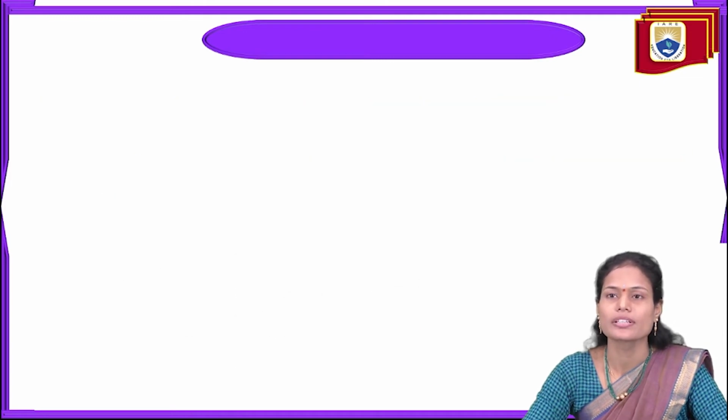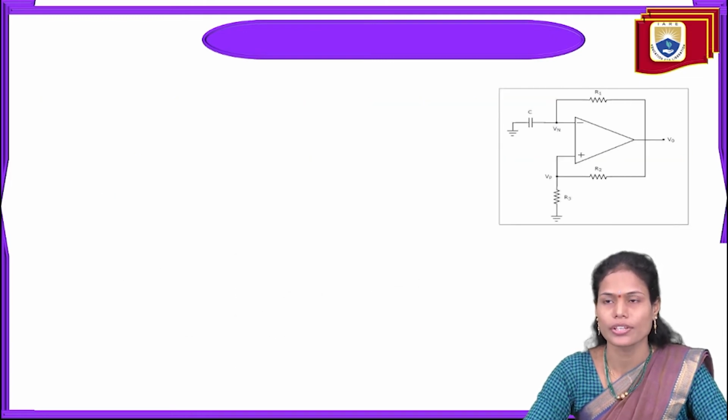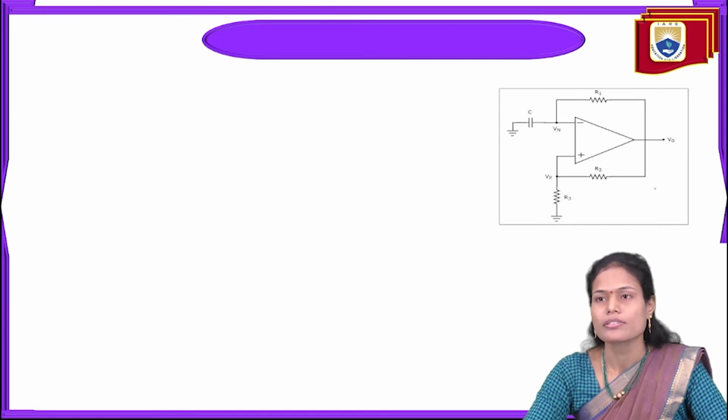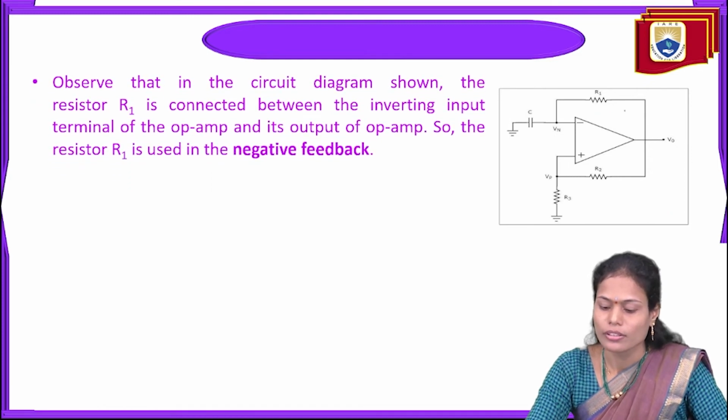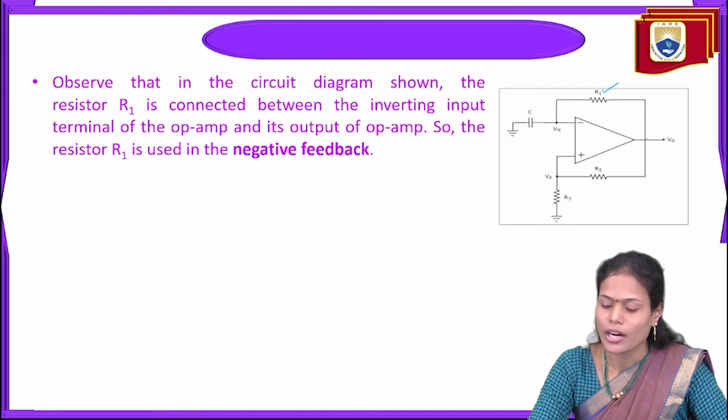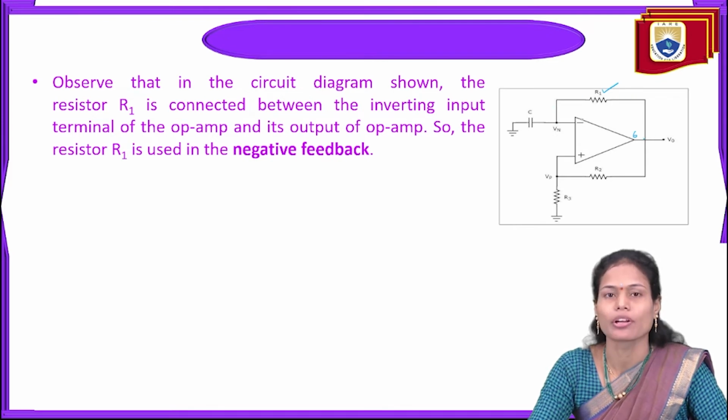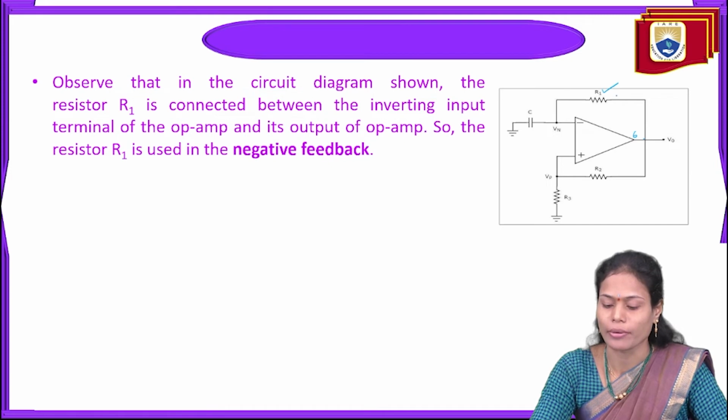So first we'll see the construction of the square wave generator. For that purpose, I am considering the same circuit here. If we see this particular circuit, the resistance R1 from the output terminal V0 is connecting back to the inverting terminal of the operational amplifier.